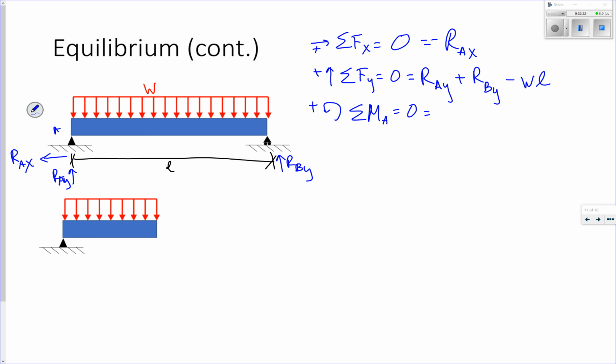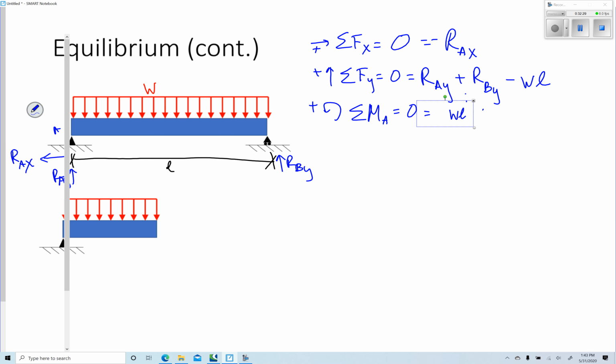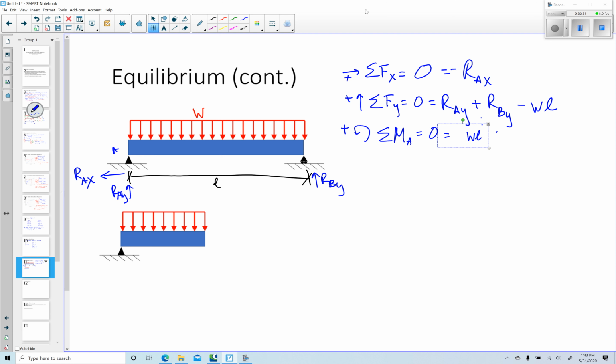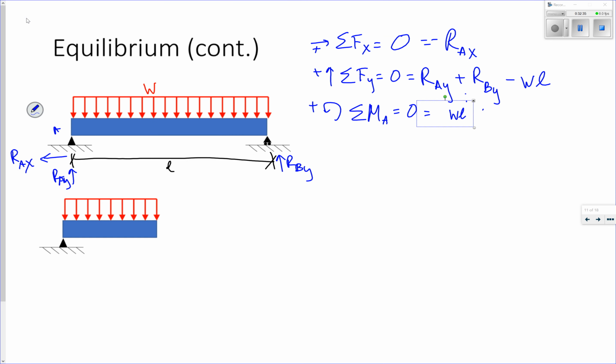I have WL squared over 2 as my moment due to that distributed load. It's acting clockwise, so it's negative.